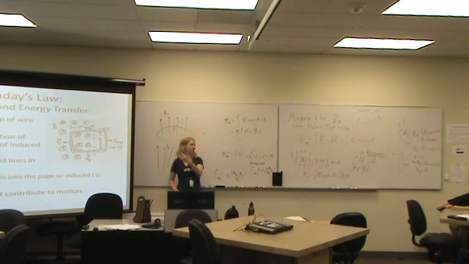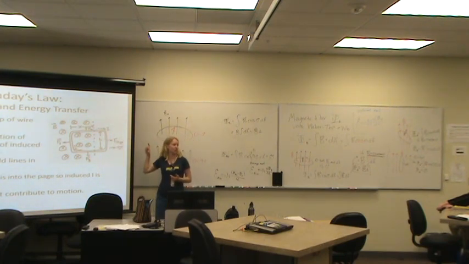The external B field doesn't change. The only thing that's changing is that we're pulling our loop out of that B field. So as far as the loop is concerned, the B field is decreasing.